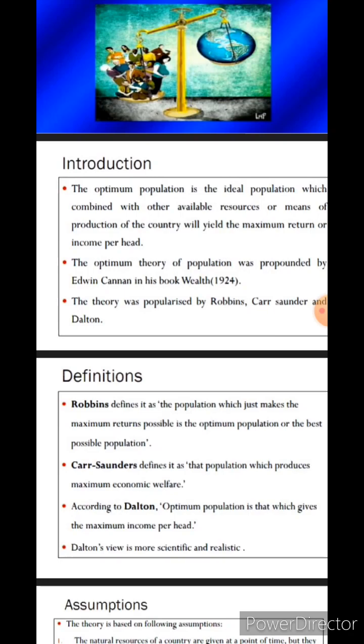According to Carl Saunders, it is the population which produces the maximum economic welfare. According to Dalton, the optimum population is that population which gives the maximum income per head. Among them, the views of Robinson, Carl Saunders and Dalton are more scientific and realistic.